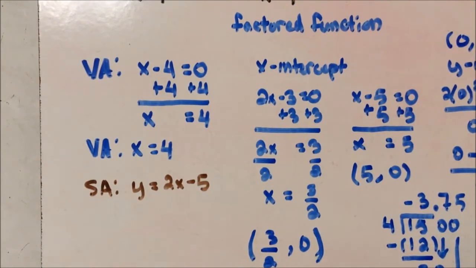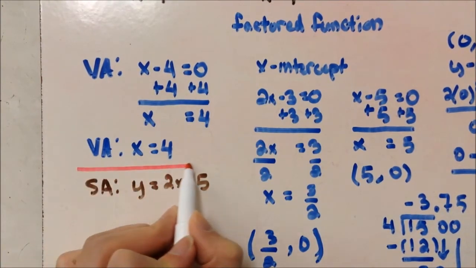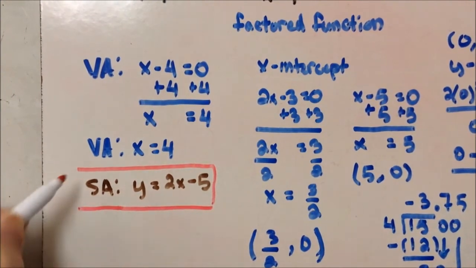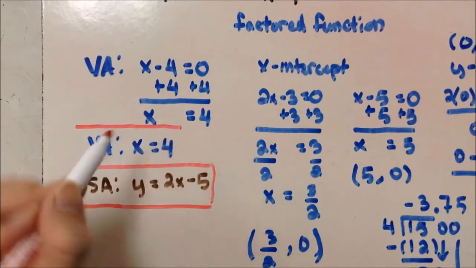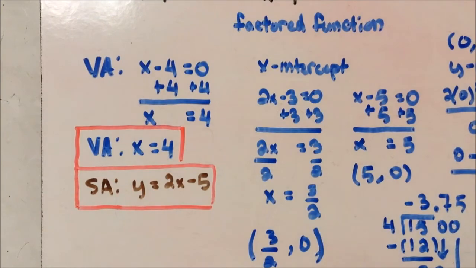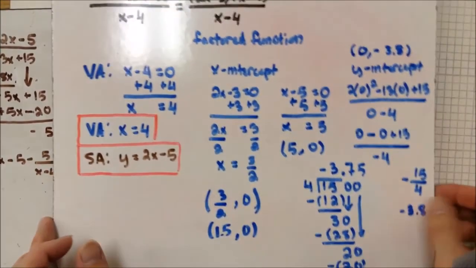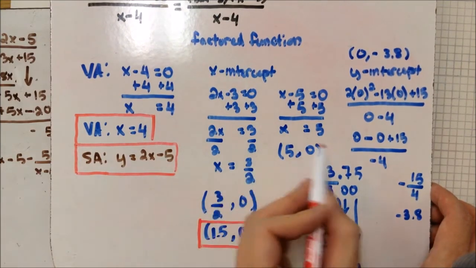So here's our slant asymptote. And then here's our vertical asymptote. And then don't forget about our first x-intercept, or second one.